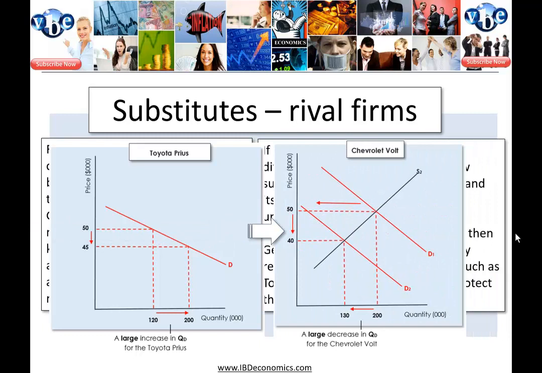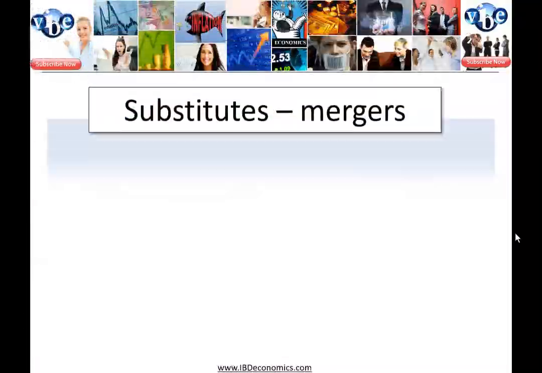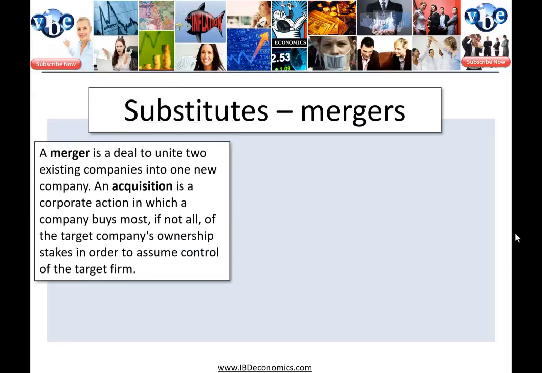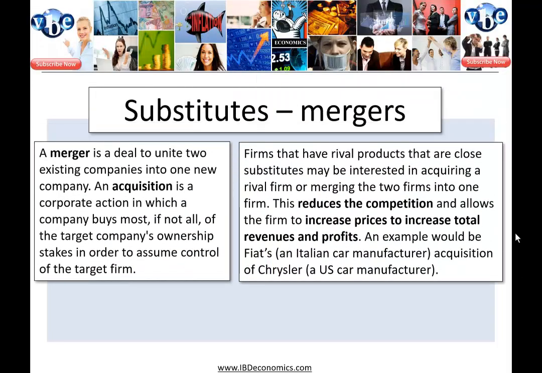And if the substitutability between the Toyota Prius and the Chevy Volt was large, a strong substitute existed here, then that price decrease and the large increase in quantity demanded for the Toyota model is going to drive a large decrease in demand and quantity demanded for the Chevy Volt. So it's essential that rival firms are aware of cross-price elasticity between the two substitute rival products.